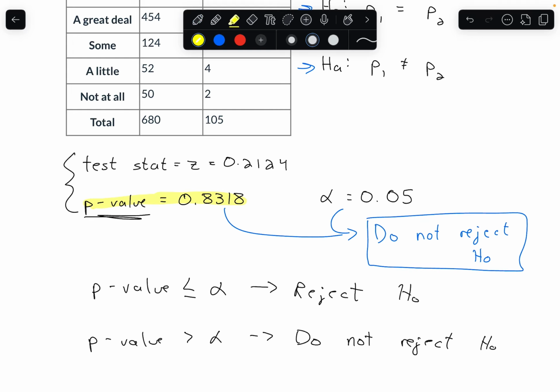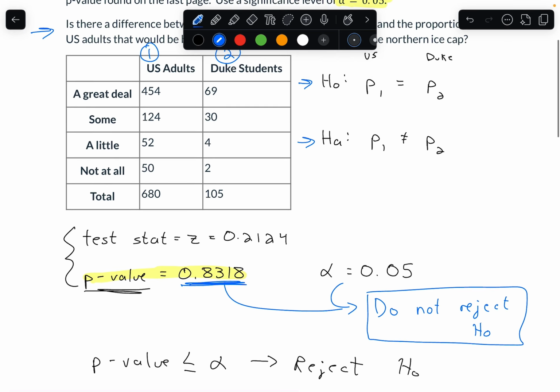Just to talk about that again, because I think it is a good thing to revisit: remember that the p-value has a very specific interpretation. The p-value represents the probability that we end up with a sample like ours if the null hypothesis is true.